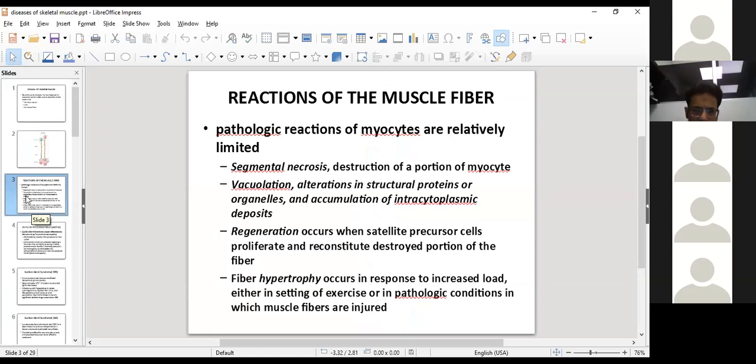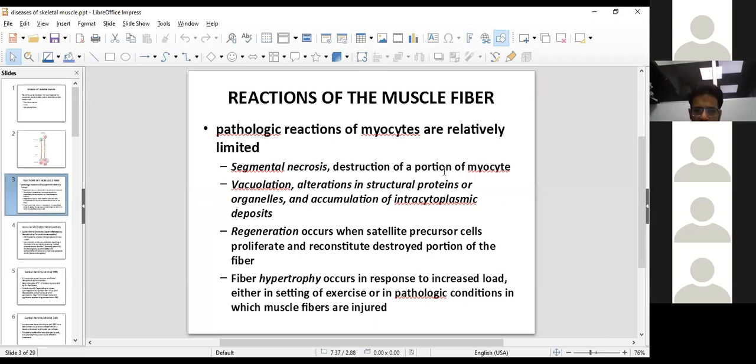The kind of changes that we see in muscles following injuries are either segmental necrosis, which is the dissection of a portion of the individual myocyte, or vacuolation, which is alteration in structural proteins or organelles and accumulation of intracytoplasmic deposits. So you would expect these changes in degenerative disorders or in metabolic disorders, where things start getting accumulated or being formed abnormally within the myocytes.